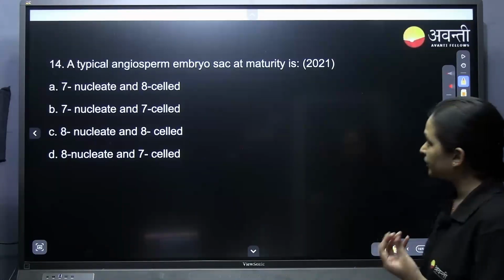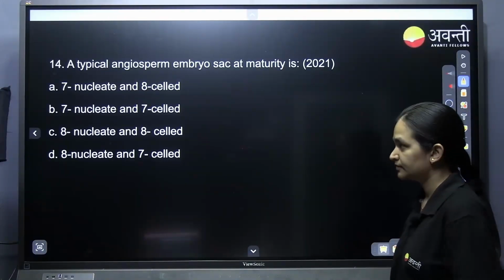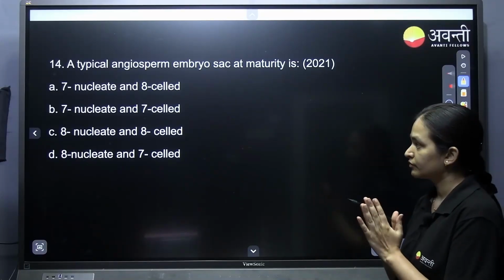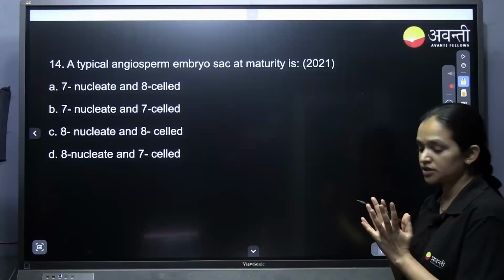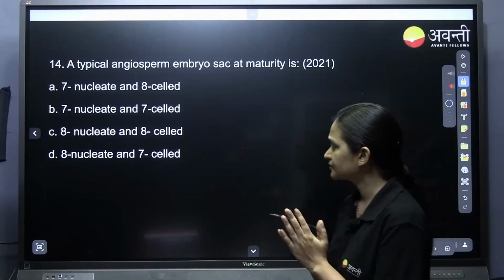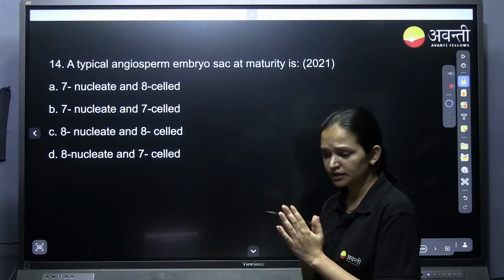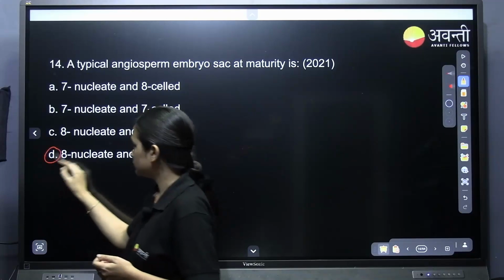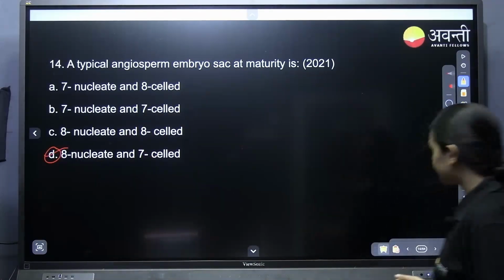A typical angiosperm embryo sac at maturity is, easy. Just now we discussed it, maybe the previous to previous question. It is option D, 8 nucleate, 7 celled. True. Easy as that.